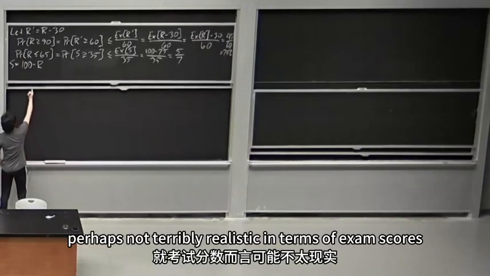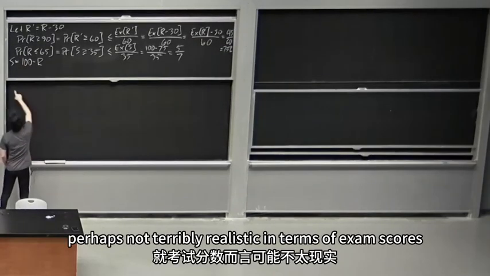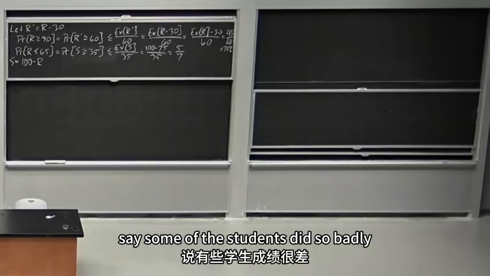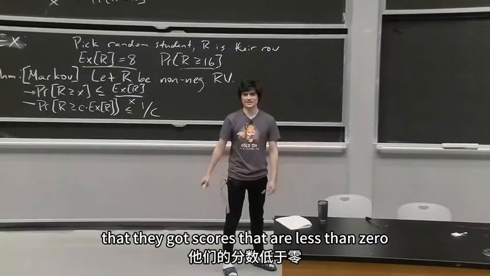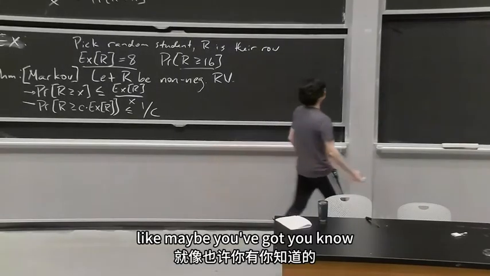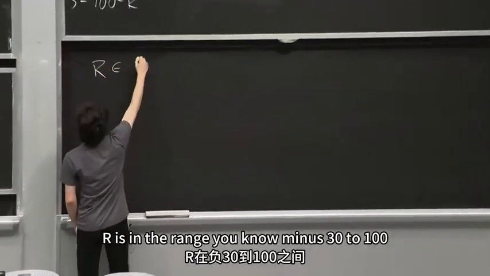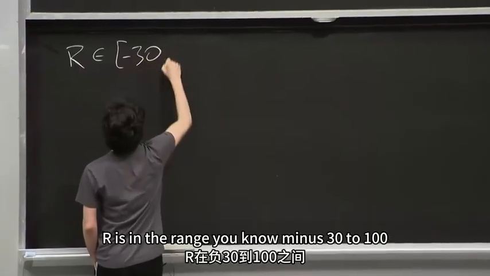Now, perhaps not terribly realistic in terms of exam scores, but what if some of the students did so badly that they got scores that are less than 0? Like, maybe R is in the range minus 30 to 100.